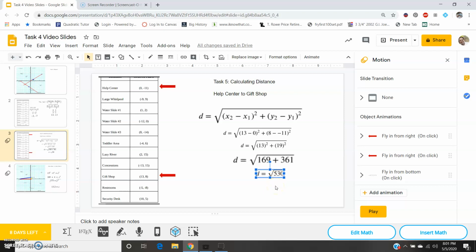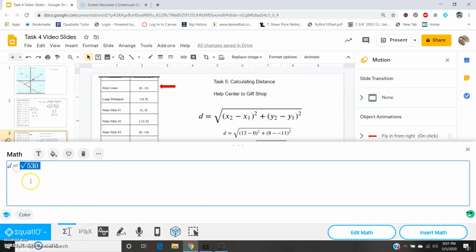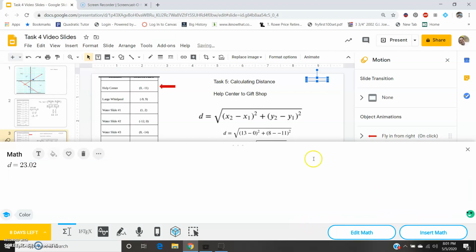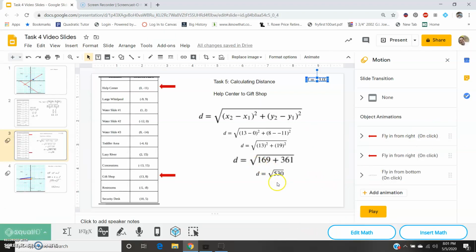And that one, give me a second, is going to be 23.02. So let me go back into here. I've applied the square root, 23.02. Honestly, you'd probably just put 23. It's not that big of a deal. I'll stick with that for now. So insert math. And where did he go? Way up here. Slide him down. And that's just one way to do this with Equatio.